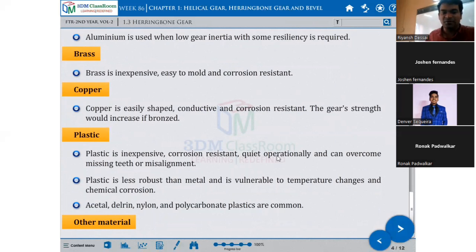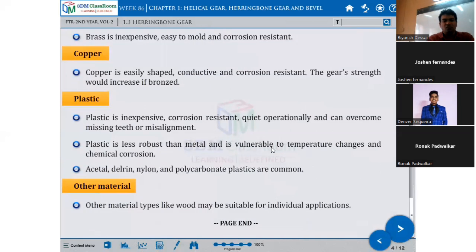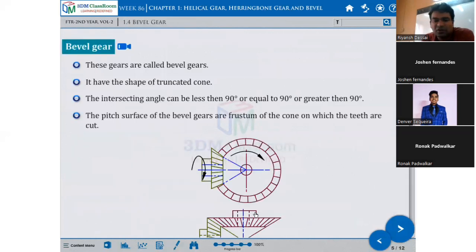Plastic is less strong than metal, but has a virtue against temperature change and chemical corrosion. Nylon and polycarbonate are common. Other materials like wood may be suited for special applications. So how it is used, just read for your knowledge.